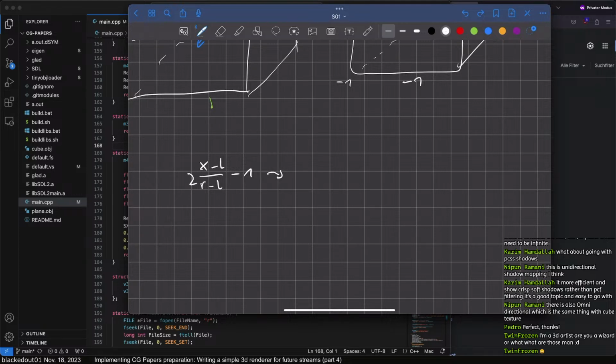So basically we scale the x just by this factor here, which is 2 over R minus L.